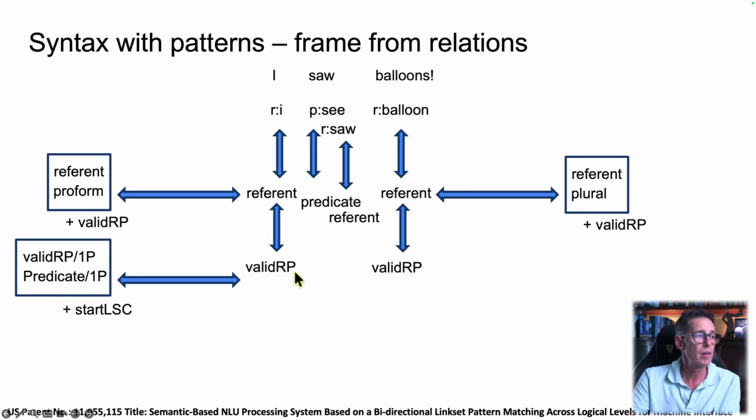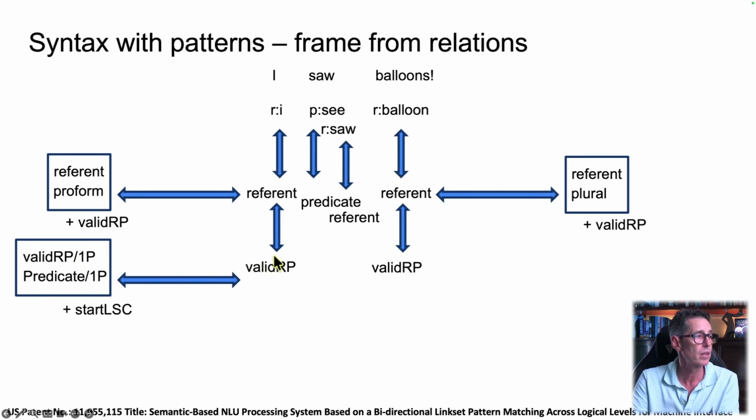Now, against valid RP, we can also store phrases. In this case, if we find a phrase, we can have valid RP that's first person and a predicate that's first person. And we're going to say this is the start of the LSC, the layered structure of the clause, or a sentence, if you prefer. So this phrase, if we match in this case, well, let's see. This is a sequential pattern this time. I know I'm drawing it in a box this way, but we're looking for valid RP first, followed by predicate.